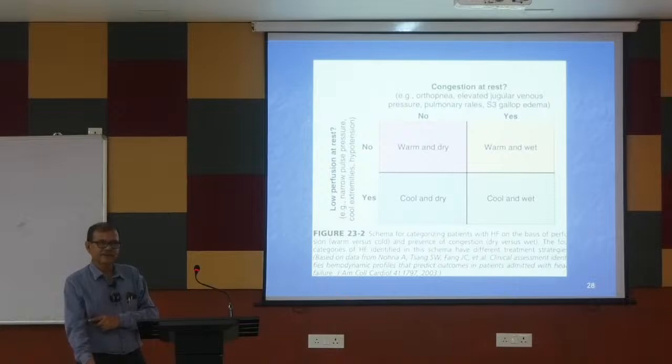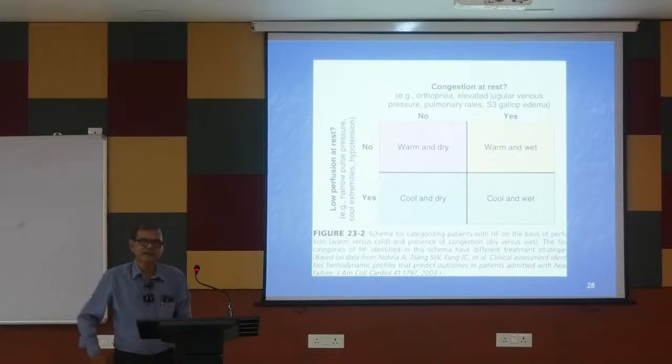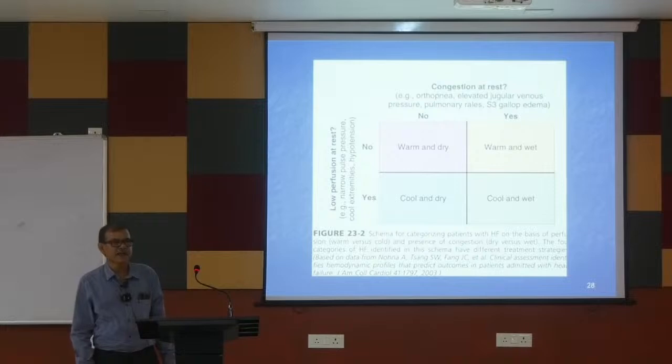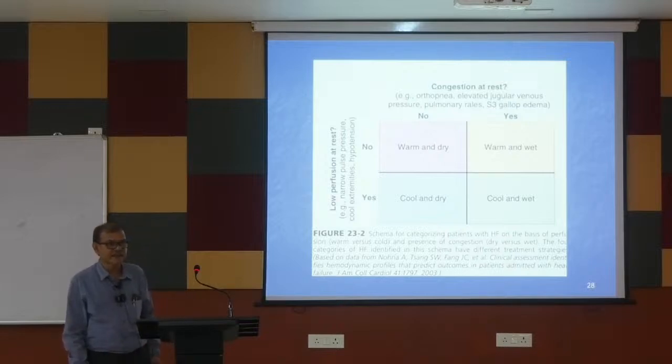Number five, pulse pressure by means of assessment of the BP. Fifth, elevation of the jugular venous pressure, jugular venous distension. Sixth, presence of rhonchi and crepts at the lung bases. And the last, S3 gallop and intensity of S1 or S2. Last but not the least, presence or absence of edema.